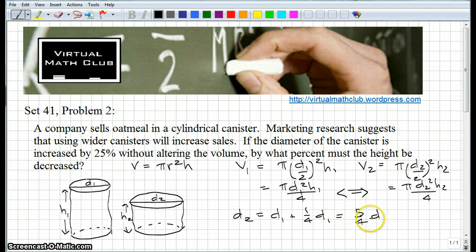So we have this relationship between D2 and D1. And we're trying to find by how much we have to decrease the height. If you increase the diameter and you want the volume to be the same, then we have to decrease the height.